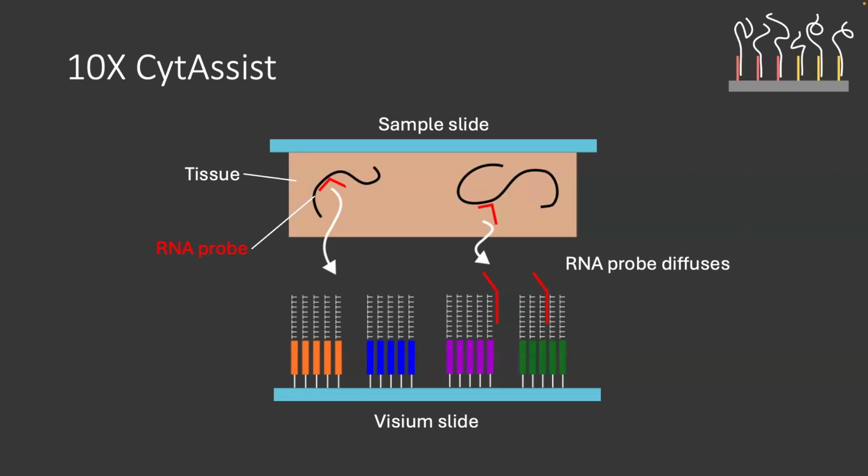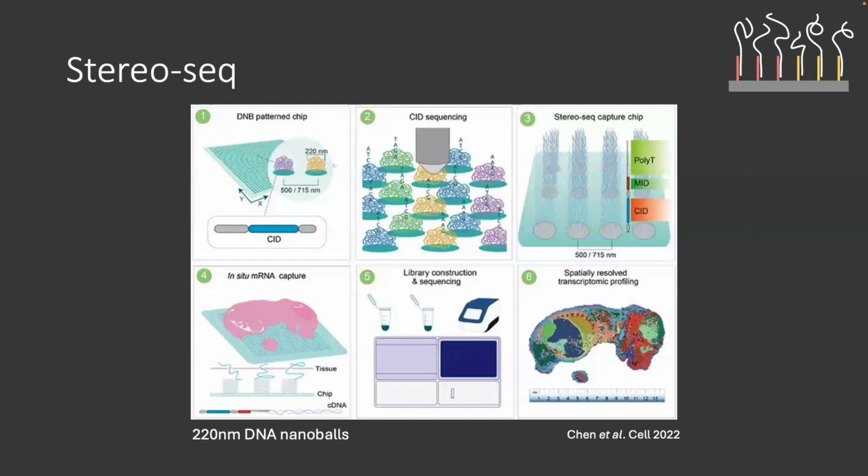All right. More methods in this category are Stereo-seq. This relies on also an array, but this array is made a little bit differently. This is a large array with spots where on every spot they perform rolling circle amplification to amplify a spatial barcode. Then they sequence these spots in situ.